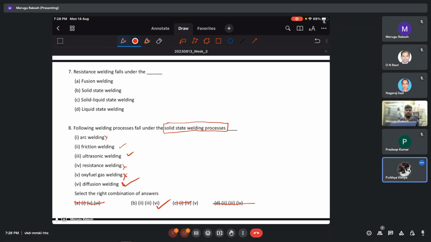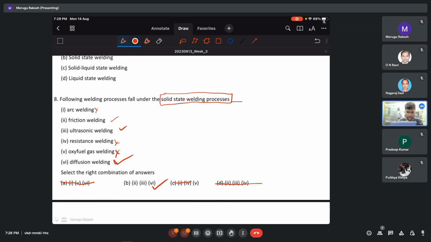Answer is A. Okay, good. Okay, resistance welding falls under. So it's a straightforward question, that is fusion welding.